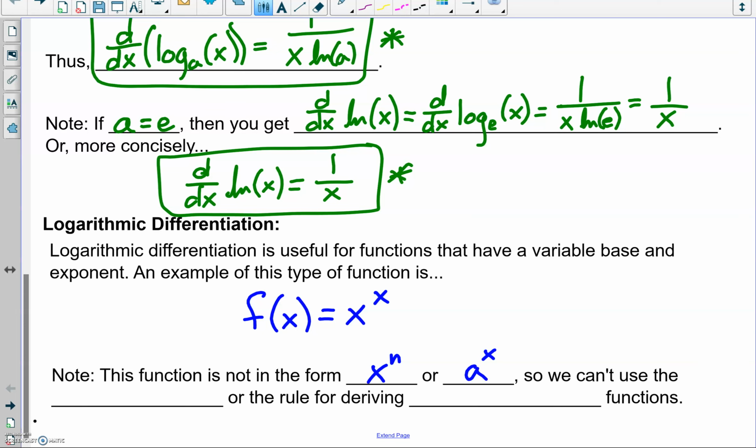So we can't use the power rule or the rule for deriving exponential functions. It's just not going to work. X to the x is a different beast than x to the n or a to the x.